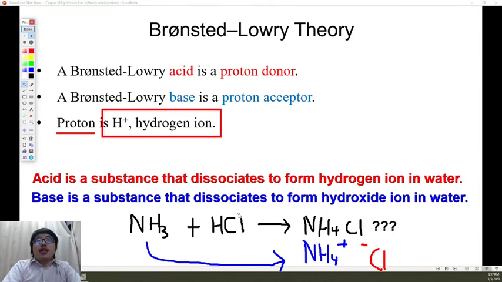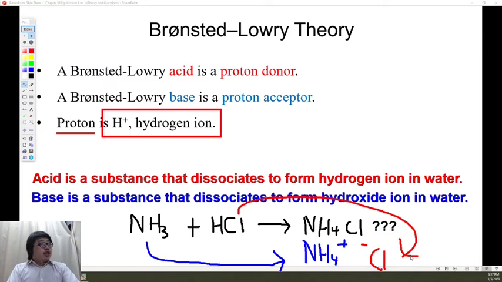Because HCl forms Cl minus by donating H plus, it is a Bronsted-Lowry acid. So despite the absence of water, we still call this an acid-base reaction according to Bronsted-Lowry theory.